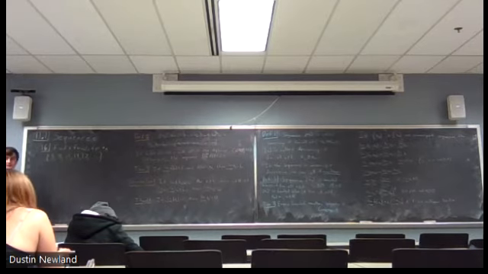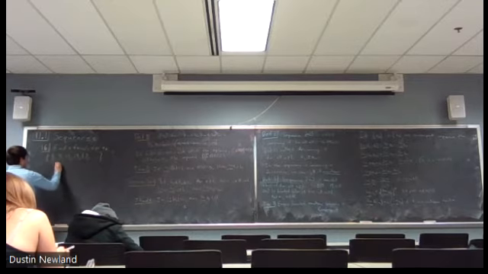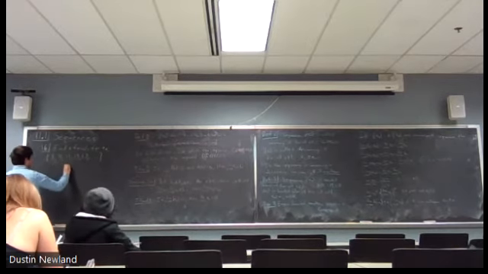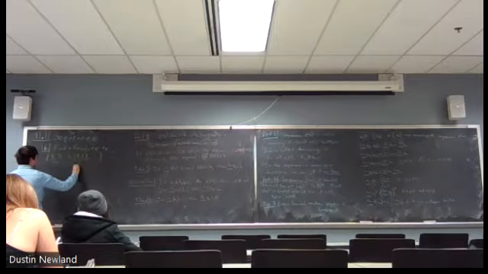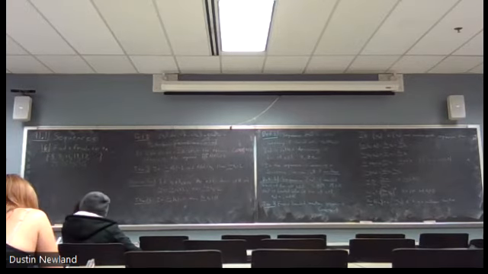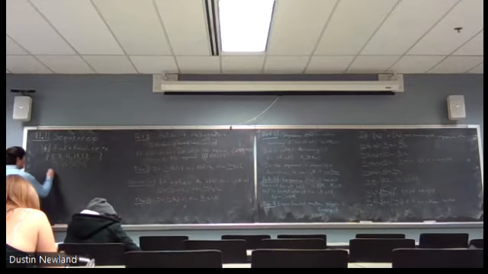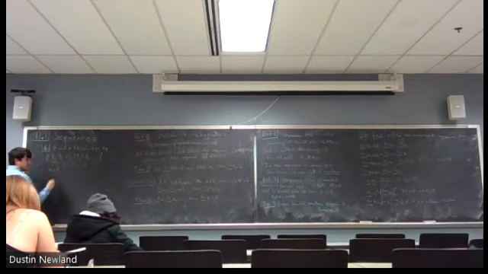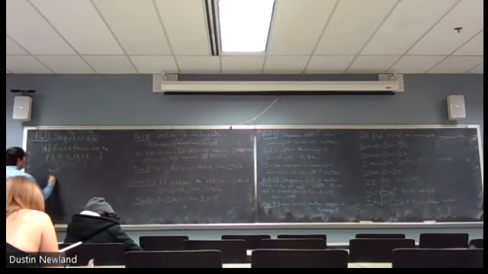So, everybody see a pattern here? Good. Each time I add 3, right? So we want A1 to be 5, right? And then A2 is going to be 5 plus 3.